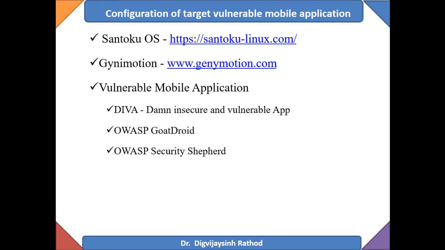Genymotion is a virtual machine where we can create different instances of devices. You can choose what API level you want, and create that device instance inside Genymotion. The device which is created is a virtual device that acts as a real device.